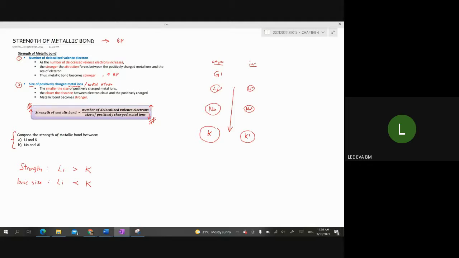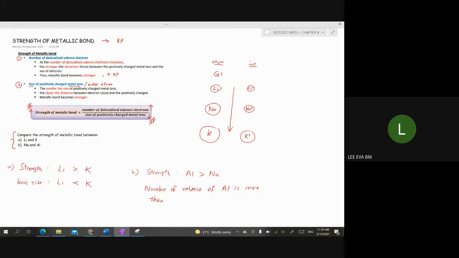Okay, how about if I compare sodium and aluminium? Which one has a stronger metallic bond? Aluminium. Why aluminium? More number of valence electrons. Yes, the number of valence electrons of aluminium is more than sodium. Remember, when we write an explanation, you cannot just give a statement.